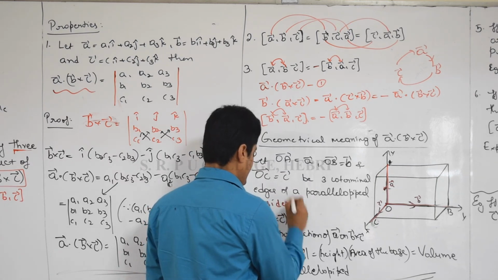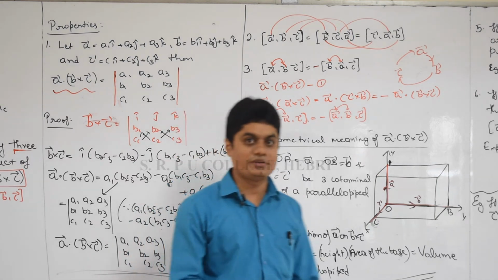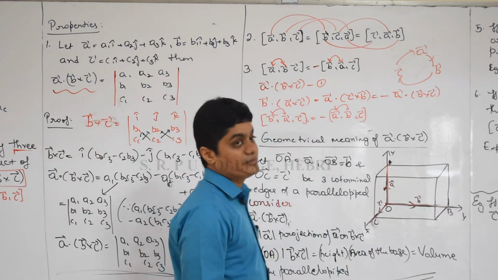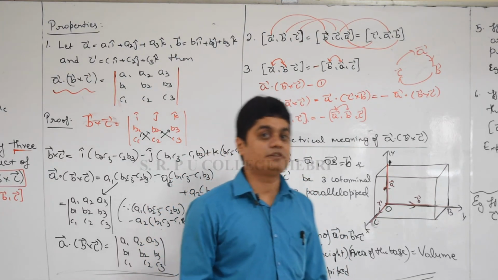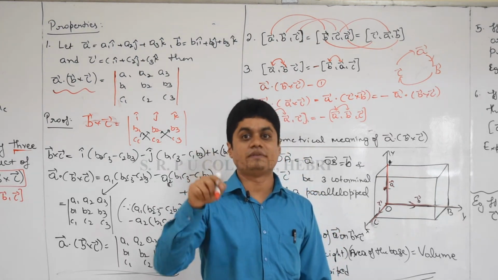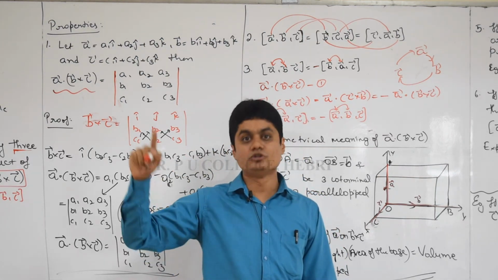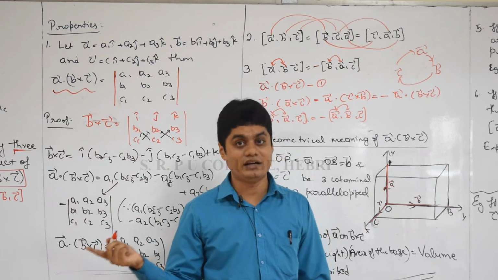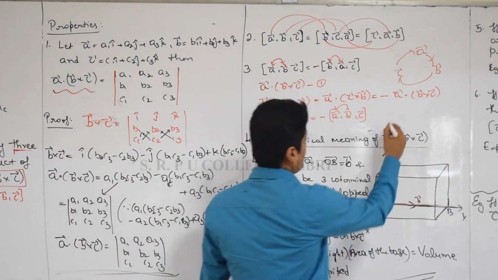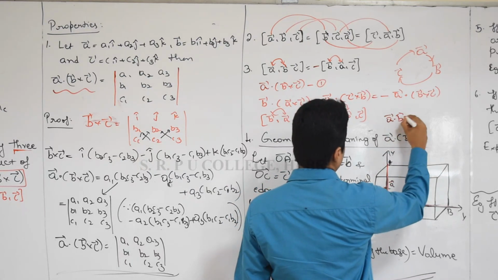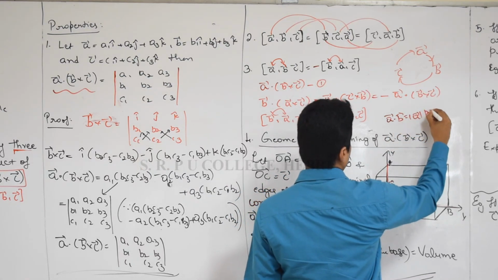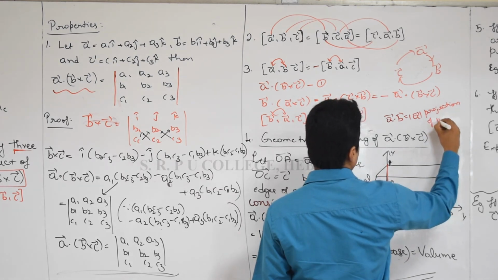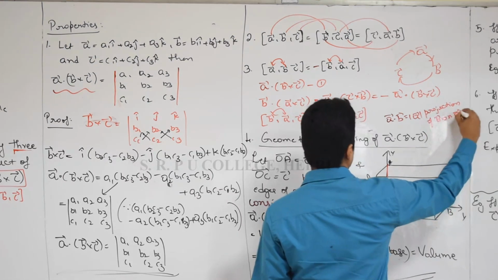Then consider vector A dot B cross C, because we need the geometric meaning of A dot B cross C. Use the geometrical meaning of the dot product. The geometric meaning of vector A dot B is the magnitude of vector A into the projection of vector B on A. Remember this?